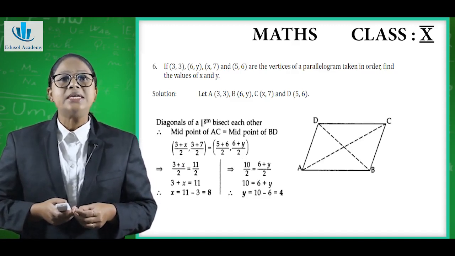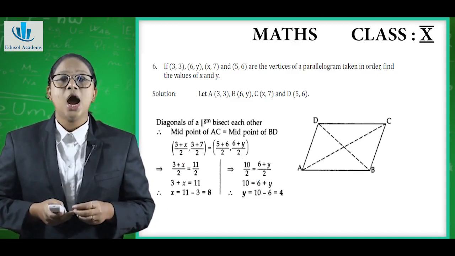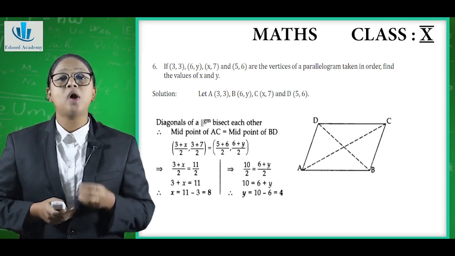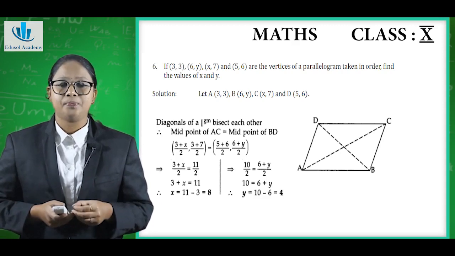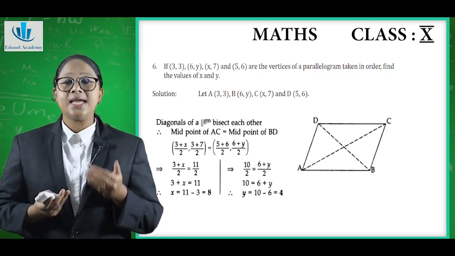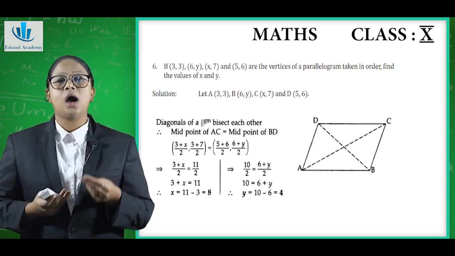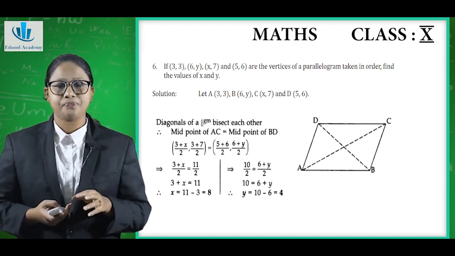If (3, 3), (6, y), (x, 7) and (5, 6) are the vertices of a parallelogram taken in order, find the values of x and y. So we are given all the coordinates except 2 of the coordinates are unknown. They have expressed it in the form x, y.